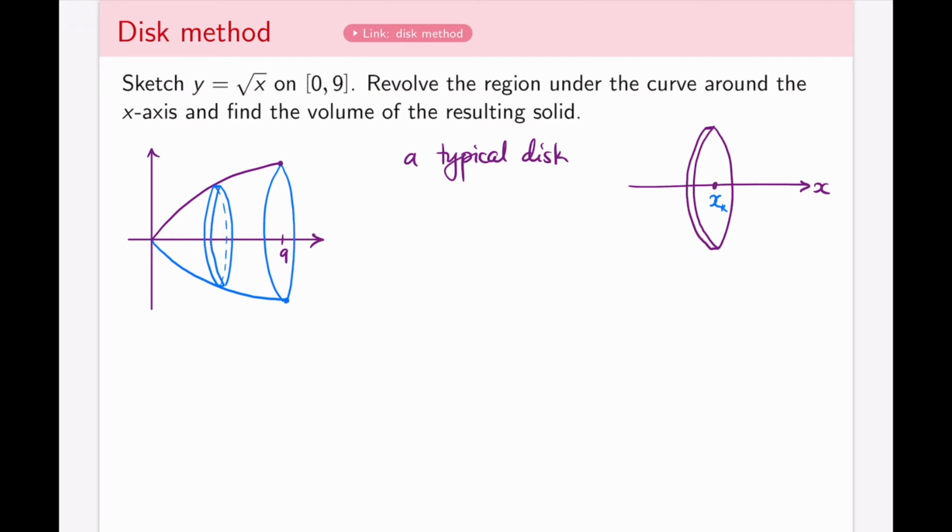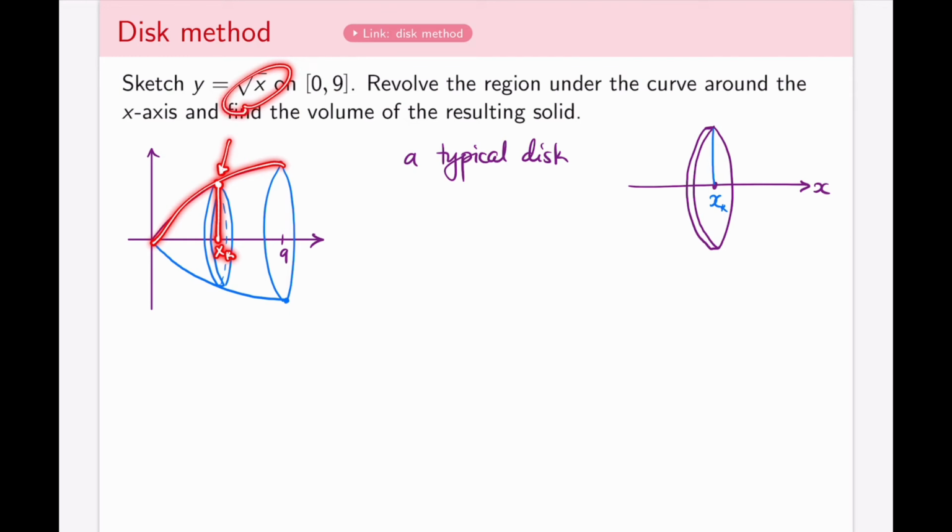Now remember that the volume of my disk is going to be pi radius squared times the height. So I also need to figure out what is the radius of my disk and what is its height. So here, what do I have? The radius here, let's think about where that came from on my sketch. So the radius is going to be this. If I have this point right here, x sub k, and I need to figure out this length, well, I know that this point lies on my curve, whose equation I actually have.